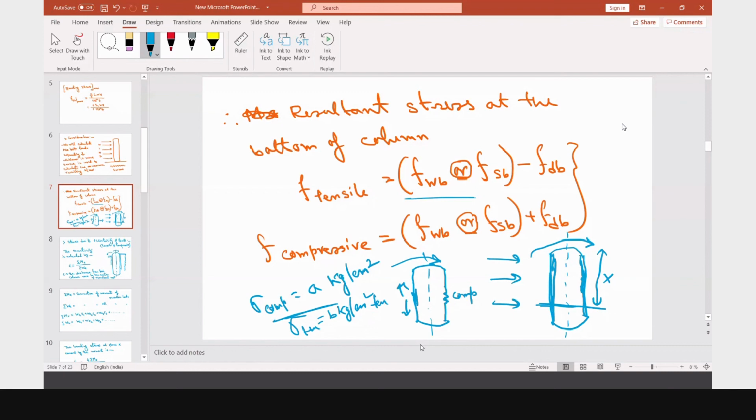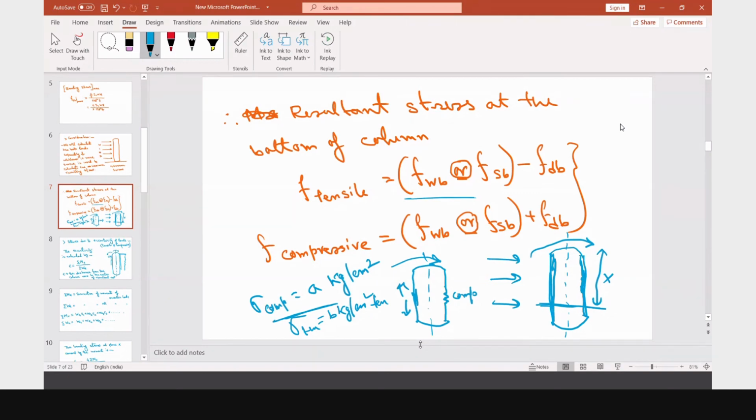So it depends on the material you choose, and the failure may be due to the compressive or the tensile force, and based on that we will calculate the design for the thickness. So if the allowable compressive stress is given, you have to calculate the compressive stress due to the wind force and the seismic force. The equation is the same, add the dead weight, and then go for finding the thickness.